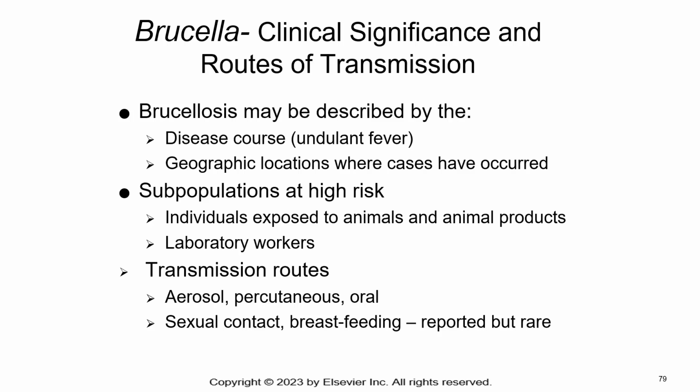Brucellosis may be described by the disease course, like undulant fever, or the geographic location where cases have occurred. Subpopulations at high risk include individuals exposed to animals and animal products and laboratory workers. Transmission routes include aerosol. The aerosol transmission makes this organism of great concern.